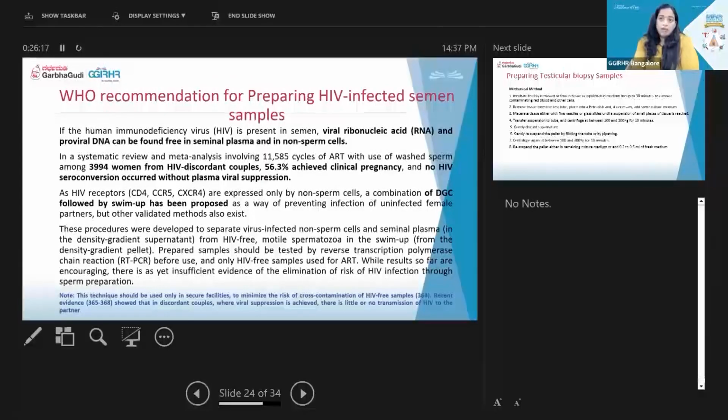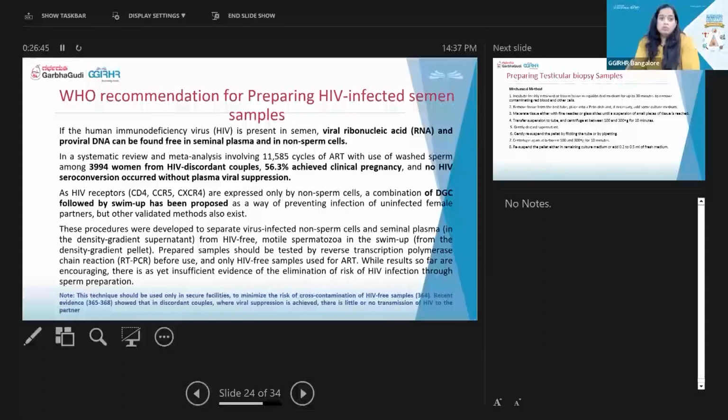Now, you can use a combination of DG and swim up for this, so that all the non-sperm cells are removed, and you can get only the viable sperm in the upper layer after the swim up. These procedures were developed to separate virus-infected non-sperm cells and seminal plasma from the HIV-free motile spermatozoa in the swim up.